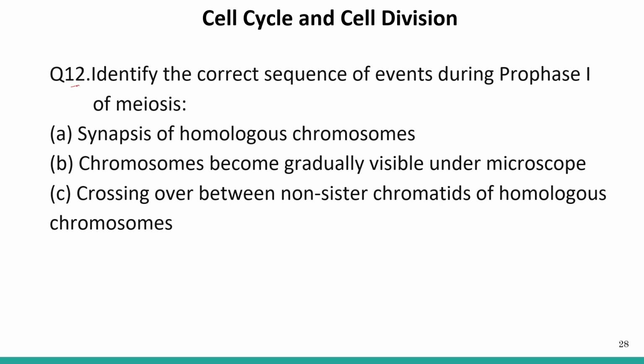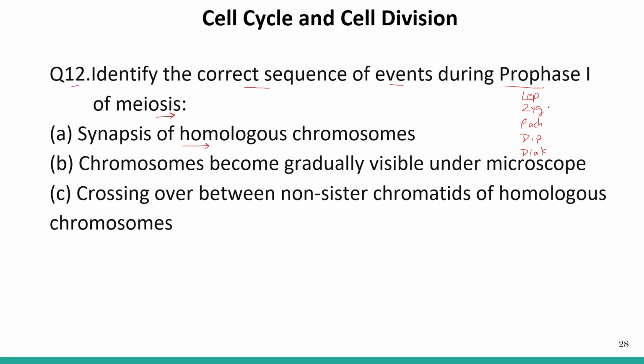Now coming to the next question. Here we have to identify the correct sequence of events during prophase 1 of meiosis. Prophase 1 is further divided into leptotene, zygotene, pachytene, diplotene, and diakinesis. First they are asking, synapsis of homologous chromosomes.